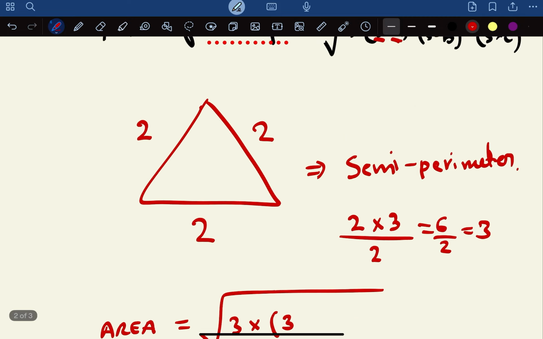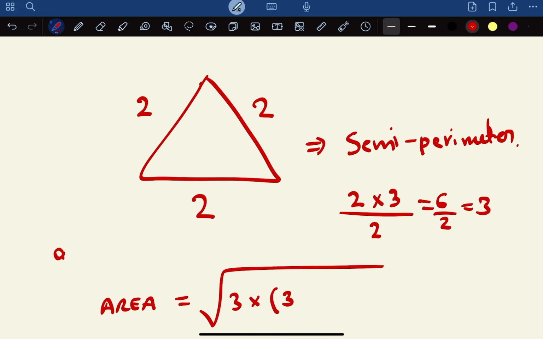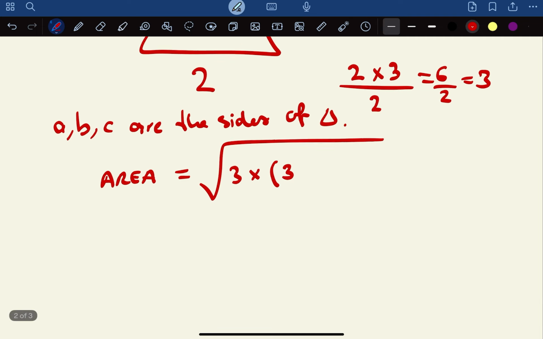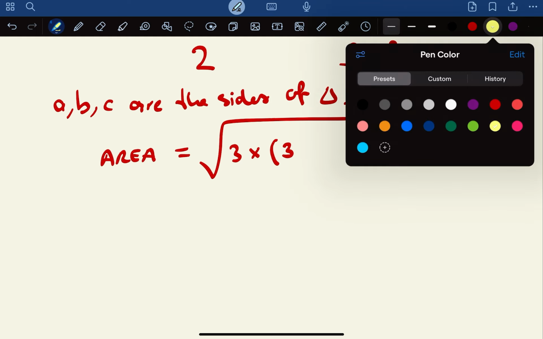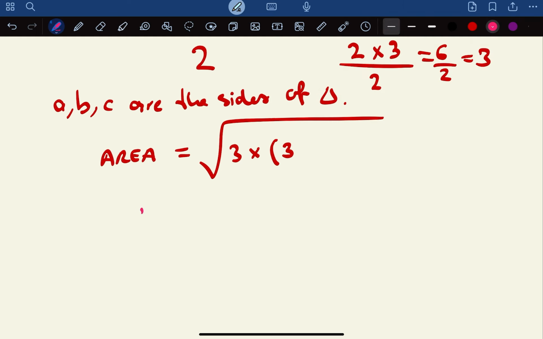Now our A. So we know that A, B, C are the sides of the triangle, right? So now I'll just make a little keynote with A is equal to 2, B is equal to 2, C is equal to 2, and S, as we calculated previously, is equal to 3.